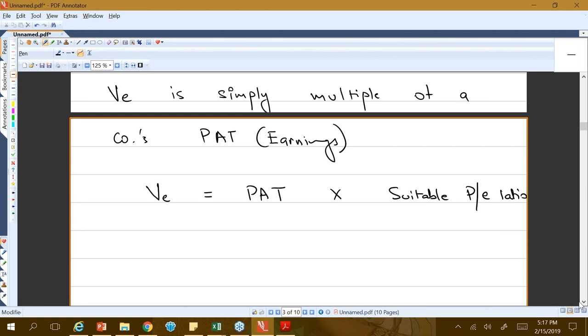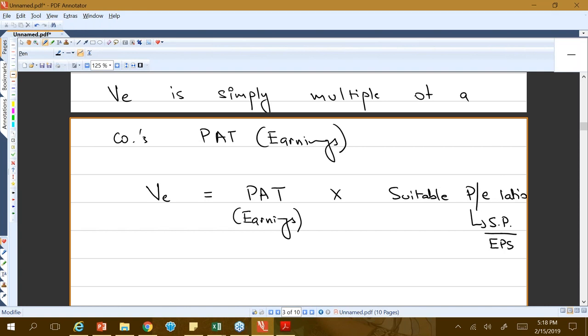Now, the word profit after tax, again, in our syllabus means earnings. So what we do is we take any company's profit after tax and we simply multiply it by a PE ratio. Now, what is the calculation of a PE ratio? It is share price over EPS.